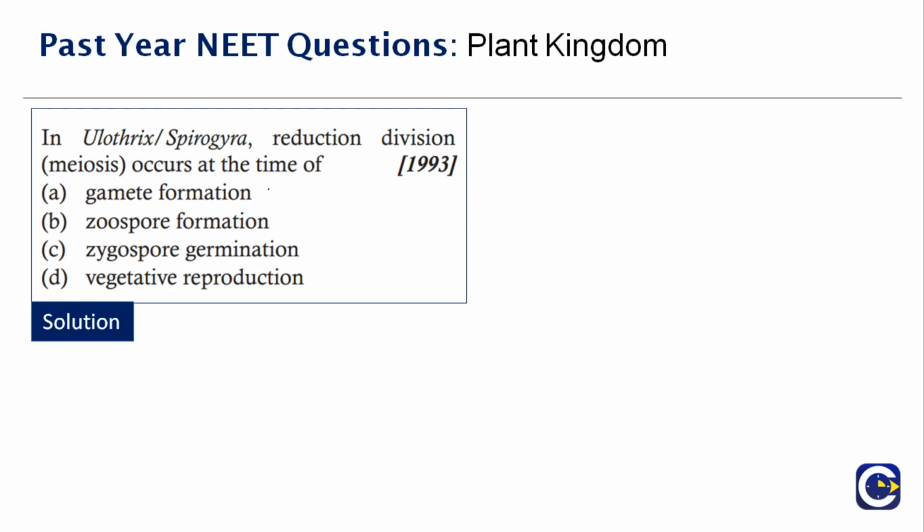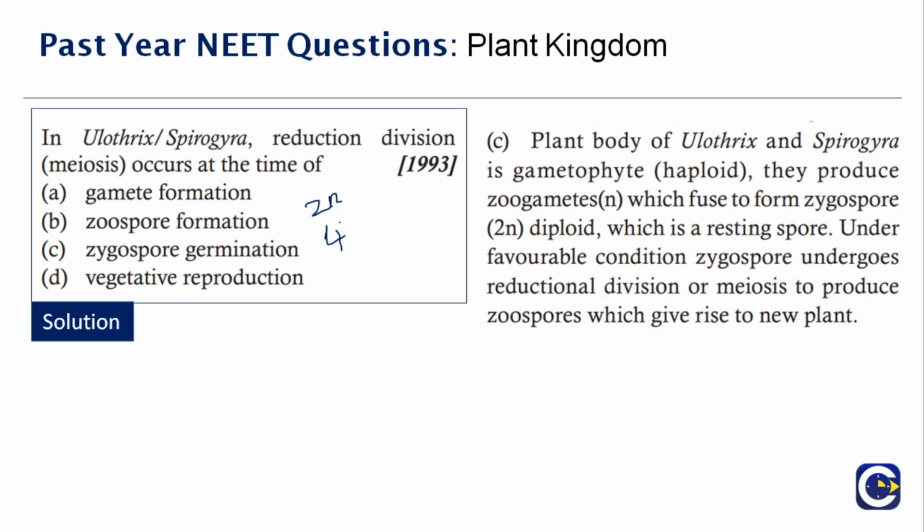The correct definition for this is, in Ulothrix, meiosis, that is reduction division, occurs in the zygote, that is 2n undergoes meiosis to form 4 haploid nuclei of 2 types of strains. This is followed by mitosis and it will form 8/16 haploid strains. So the correct answer to this question is zygospore germination. That is what they have given in the description part also.